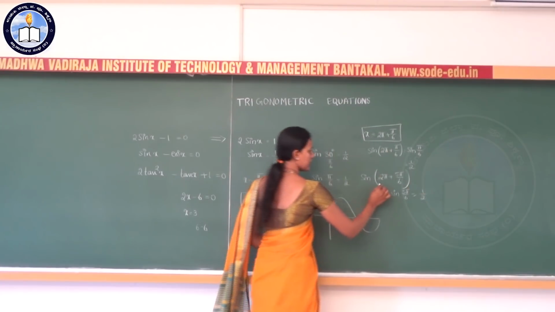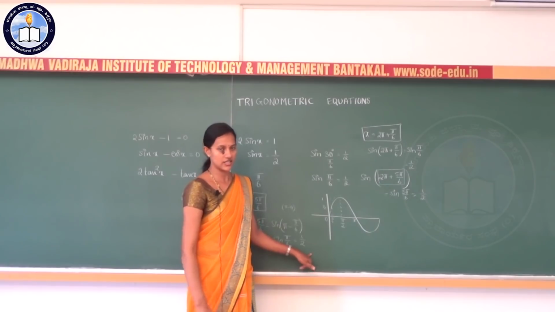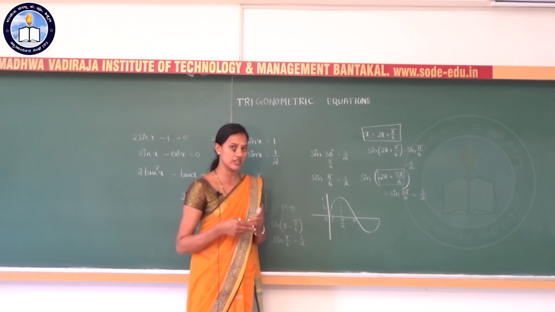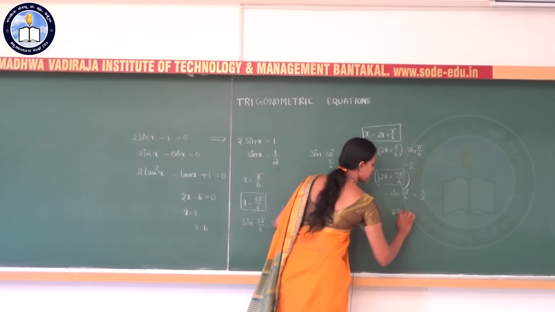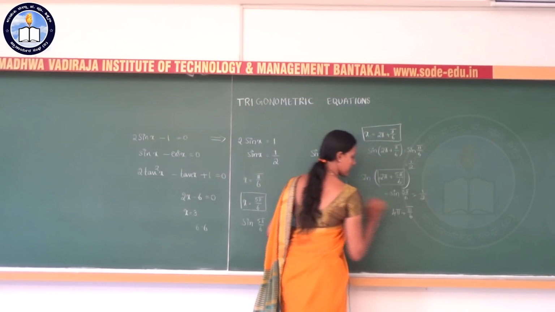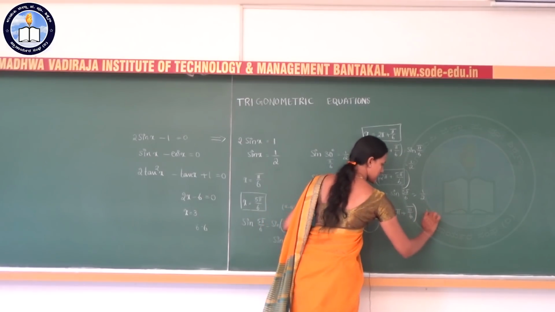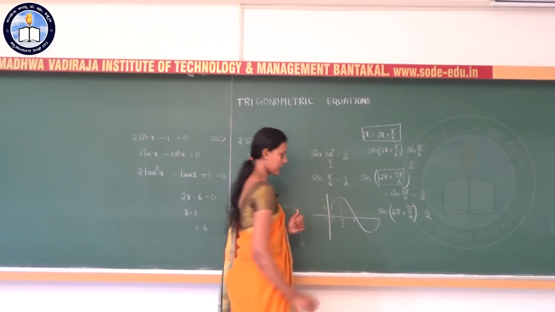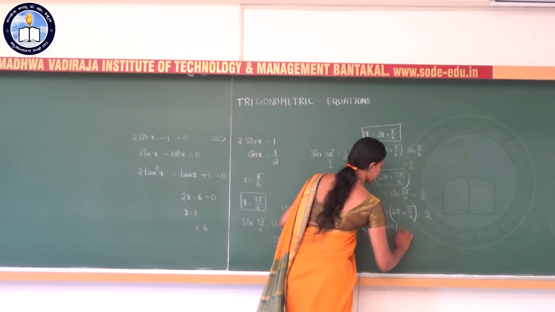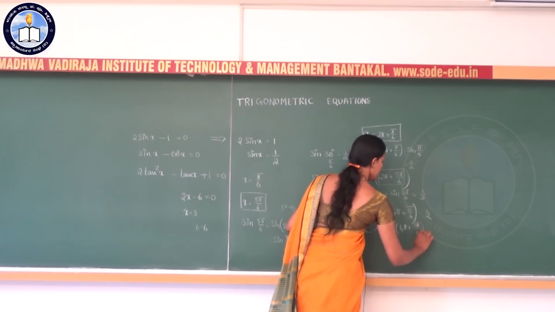We may consider two complete revolutions. In that case, we will have 4 pi plus pi by 6. Sine of 4 pi plus pi by 6 is half. So, x can be 4 pi plus pi by 6, or it can be 4 pi plus 5 pi by 6.